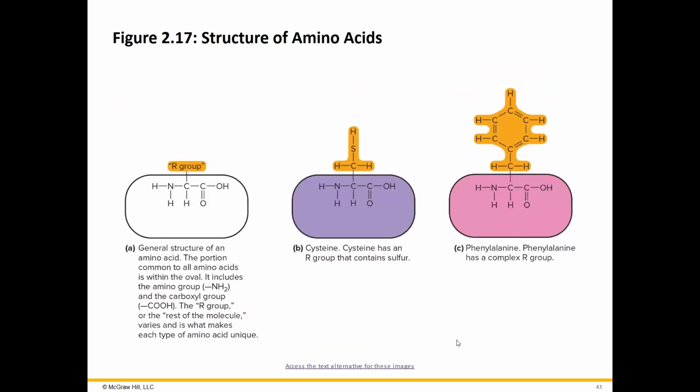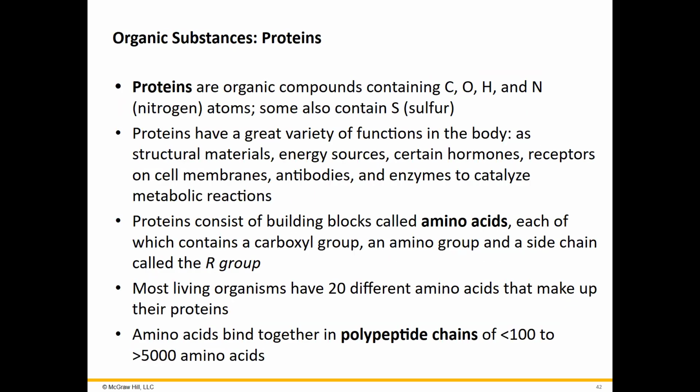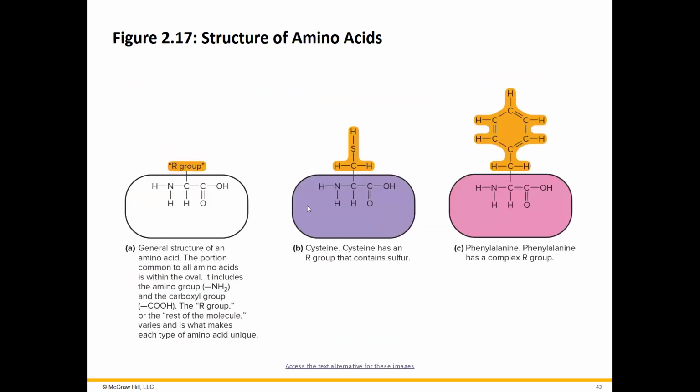So proteins, they are your building blocks for bones, for muscle. They play a role in the immune system. They are made of long blocks of amino acids. The amino acids contain the carboxyl group, the amino group. How do we know what amino acid it is? The R group.